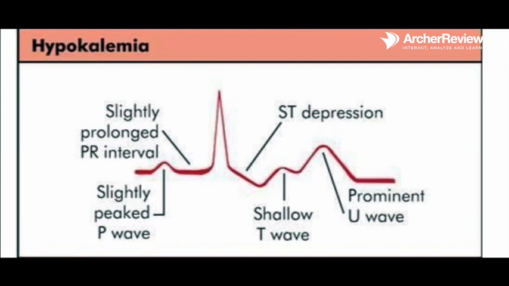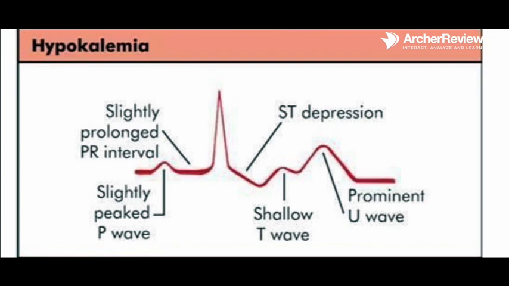Here we go. So you have the slightly prolonged PR interval here, and that comes after, it says slightly peaked P wave. That is the opposite of what we saw with hyperkalemia. Remember, that was flattening out in the P wave. With hypokalemia, we're seeing a slightly peaked P wave, and then that PR interval is a little bit prolonged.